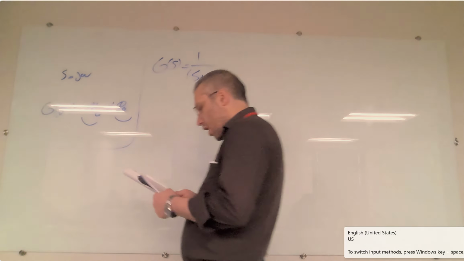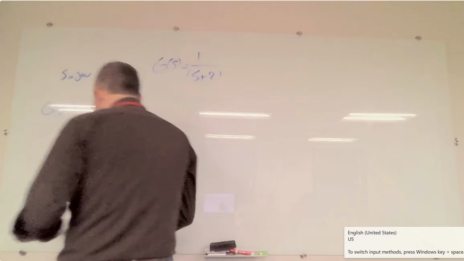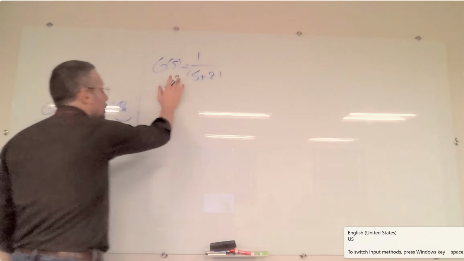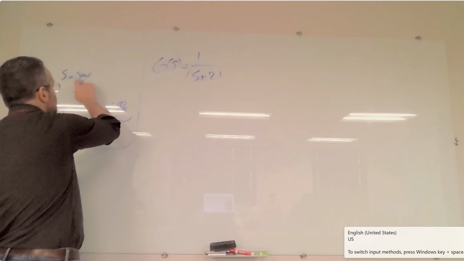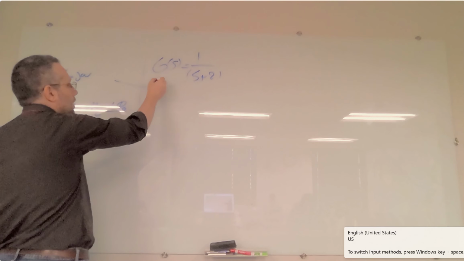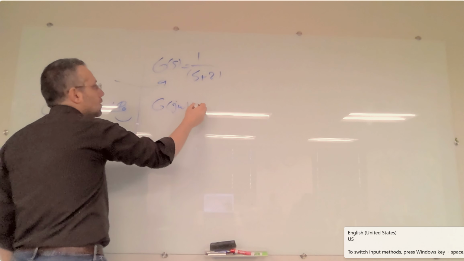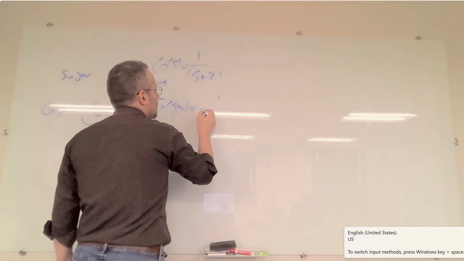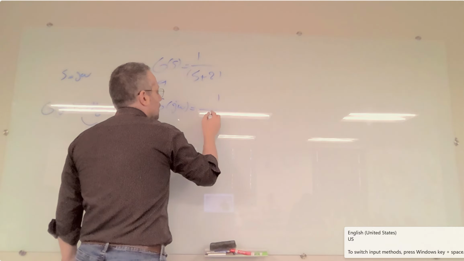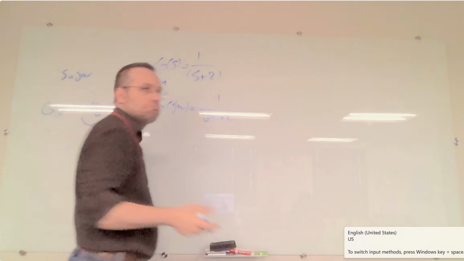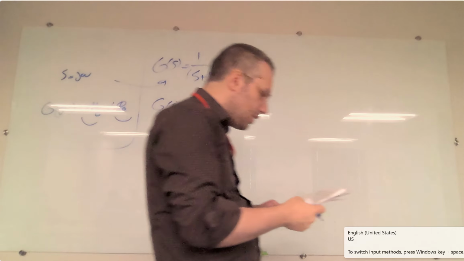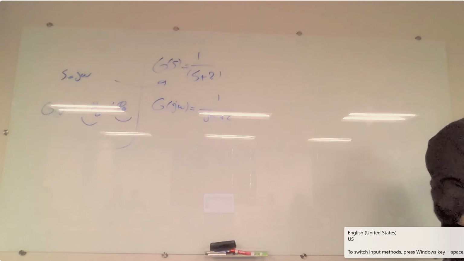Okay? Now, I want to run a frequency domain analysis. That means S is going to be equal to J omega, so I'm going to input that. That means G of J omega is going to be 1 over J omega plus 2. So far, it's quite clear.